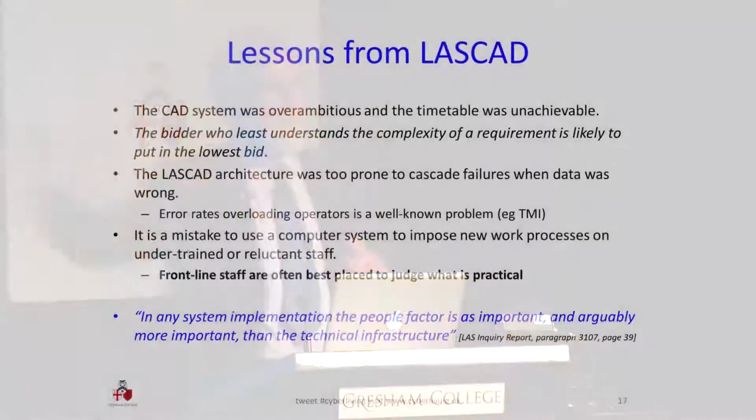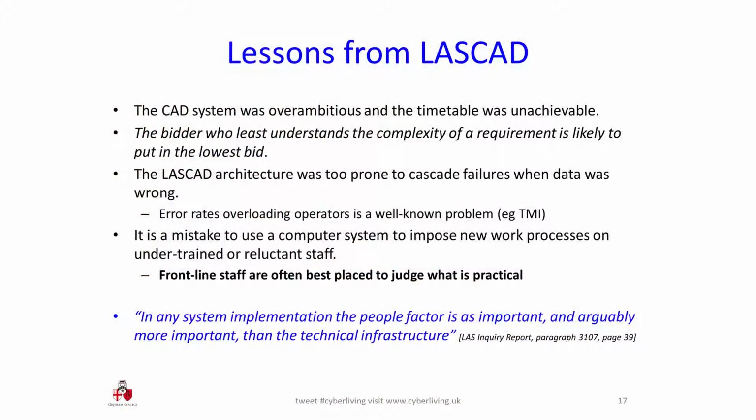That, again, is a mistake that was made a decade later by the National Programme for IT and the NHS, the programme that ended up costing 10 or more billion pounds, and a lot of which essentially got written off. And a lesson I would draw out is that the frontline staff are often the people who best know what the practicalities are.